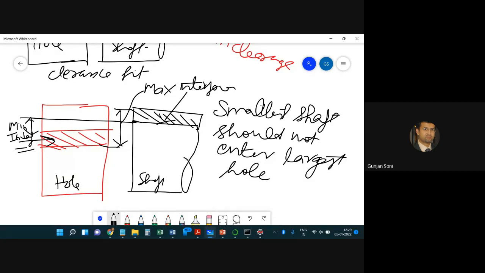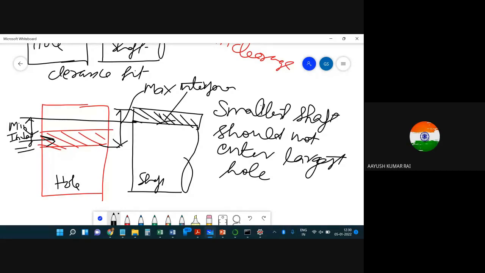It's not that you can fit a very big shaft into a very small hole by breaking it or doing whatever. When we'll be doing calculations, you will find that the tolerances are very small, and the dimensions are going into 4 decimal places, 5 decimal places, like that. I hope I answered your question.